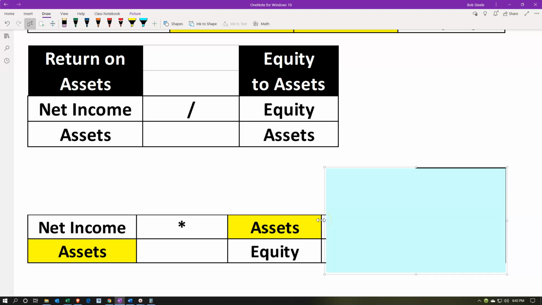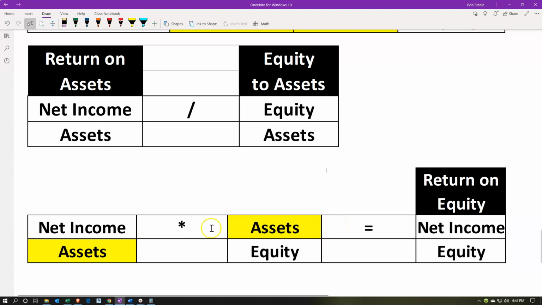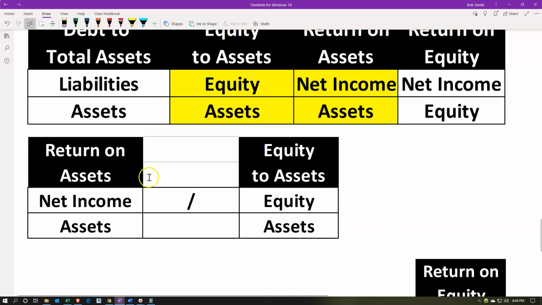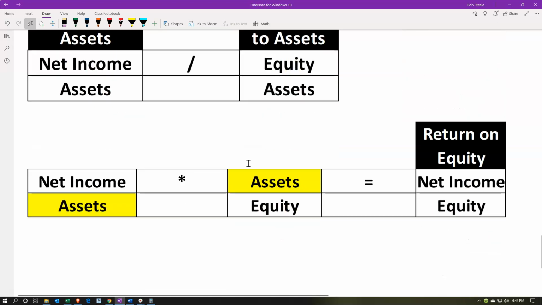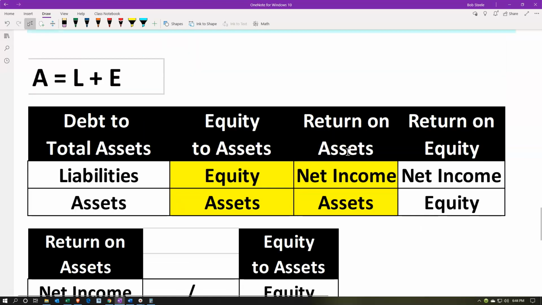That's how we do a division problem with fractions. We take the reciprocal, so now we have assets over equity, and therefore we can cancel out the assets. We're left with net income over equity. And so that's what we want. So if we have the return on assets and we have the equity to assets, we can divide them out to get to our return on equity.